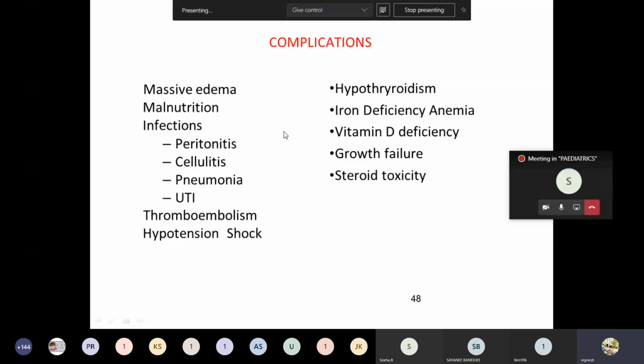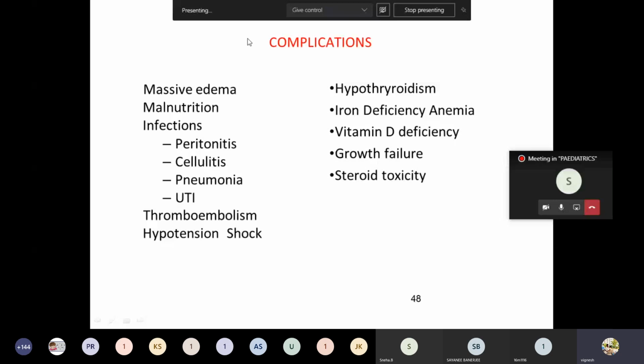Because of the immunocompromised status, such children have frequent peritonitis, infections of the body tissue leading to cellulitis, frequent respiratory tract infections leading to pneumonias, urinary tract infection, and thromboembolism. Because of the hypercoagulable status in the blood, emboli are produced and cause central nervous system emboli, causing hemiplegia, hemiparesis, and hypotension, which leads to shock also.